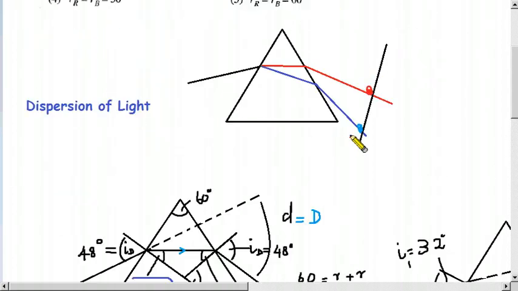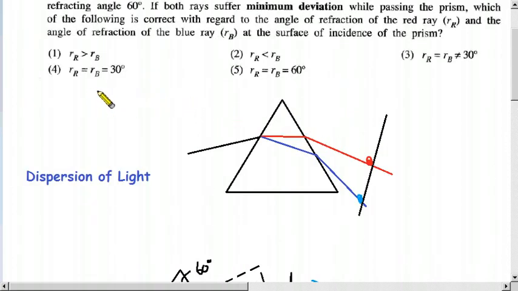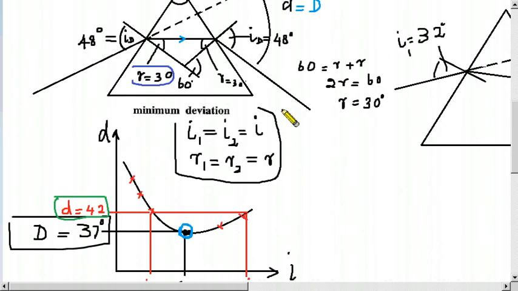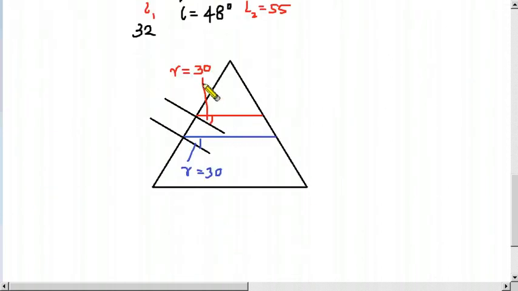What they ask again is the R value for blue and red. So we can write that the R value for red equals the R value for blue.